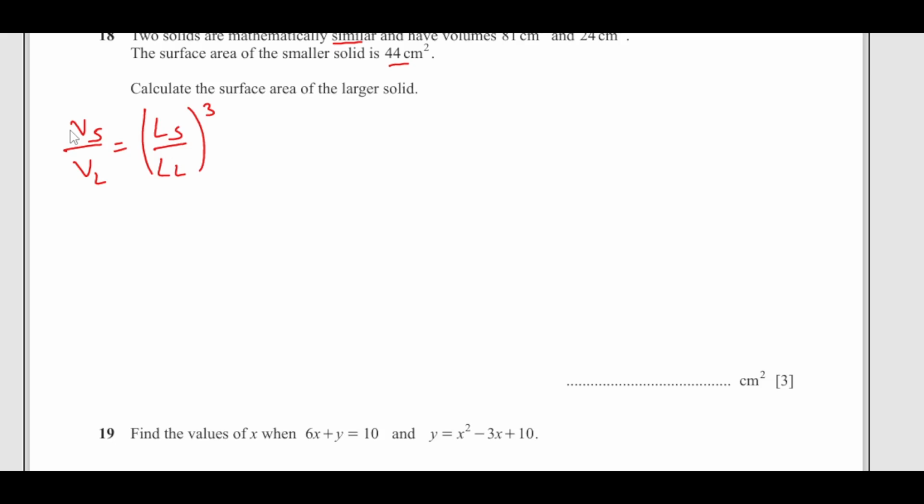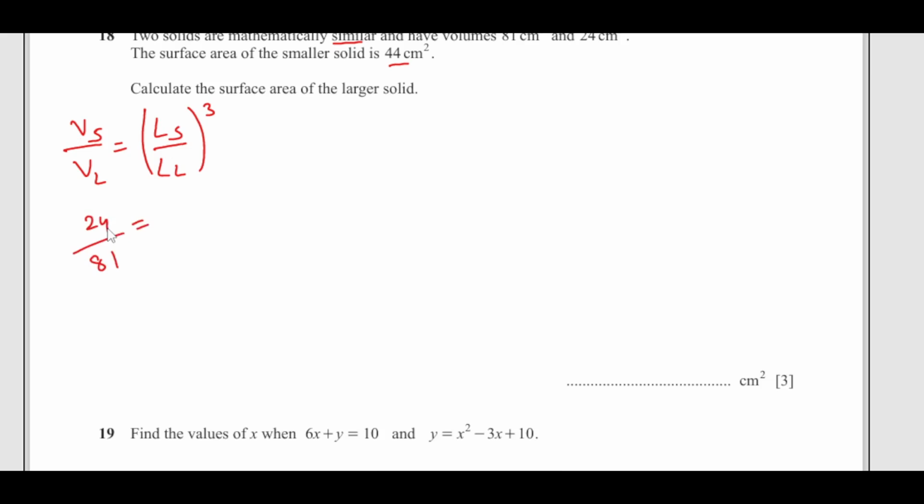Sorry, we are not given the surface area here, we are given the volume. So volume of 81 and 24, the smaller is 24 and the larger is 81.